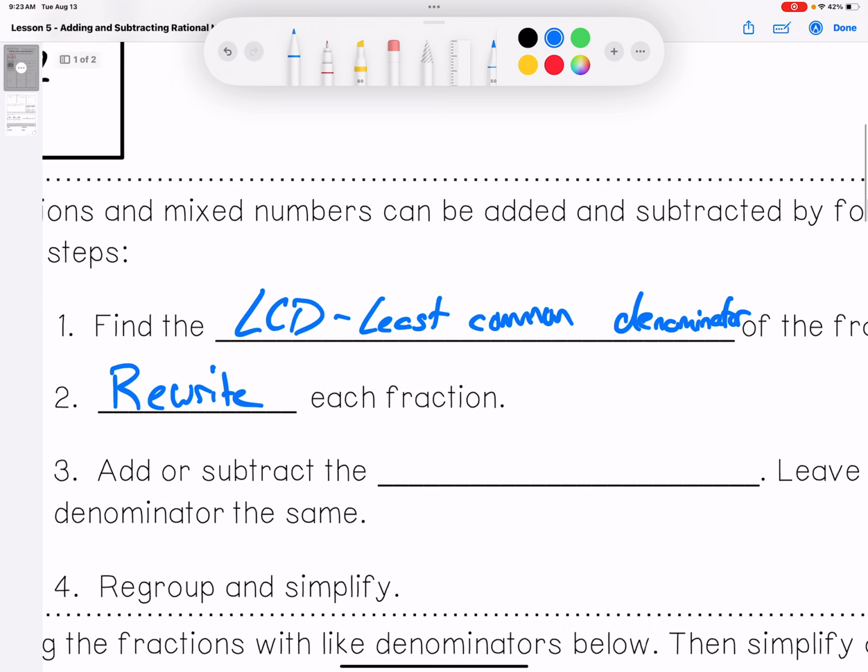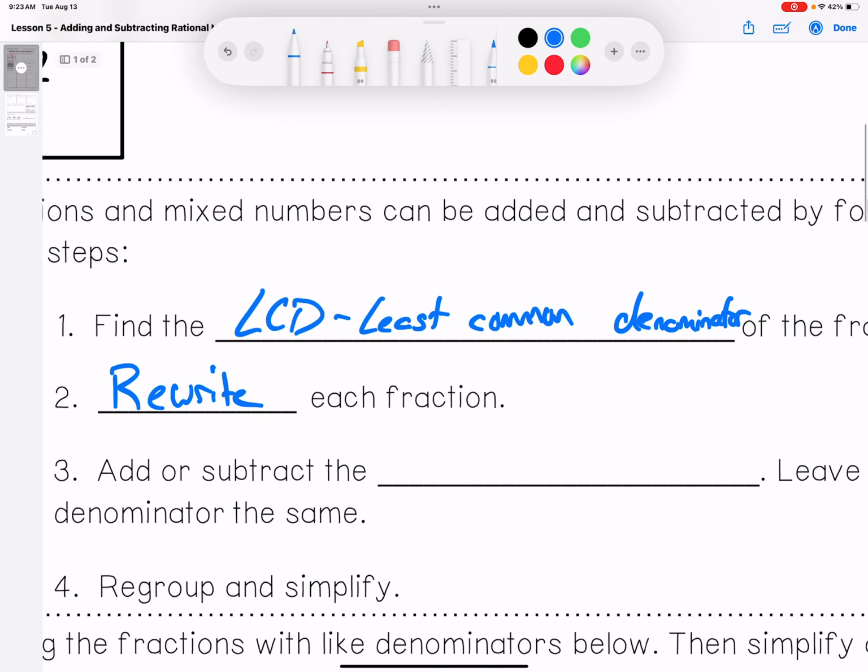We're going to add or subtract the numerators, the old numerators, which is the top, and put that in parentheses. Leave the denominator the same. We're going to not regroup. We're going to rewrite and simplify.